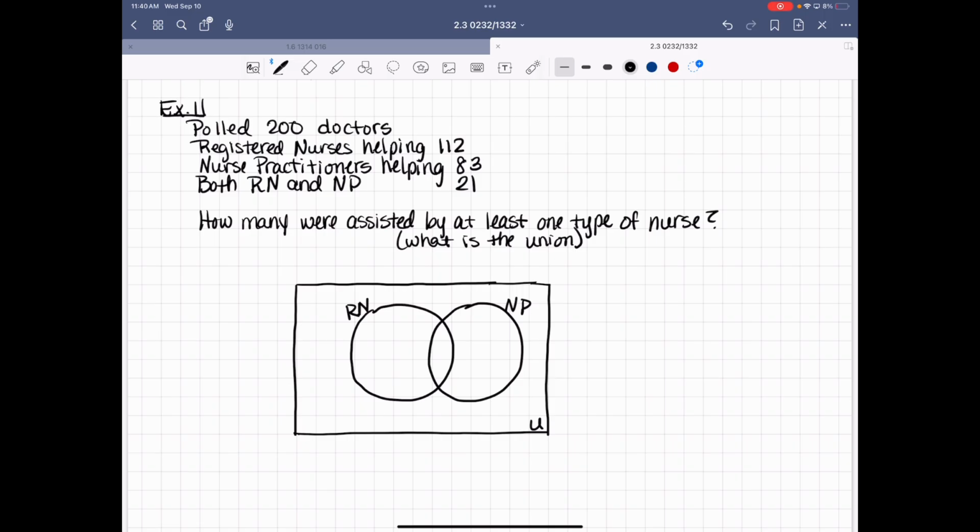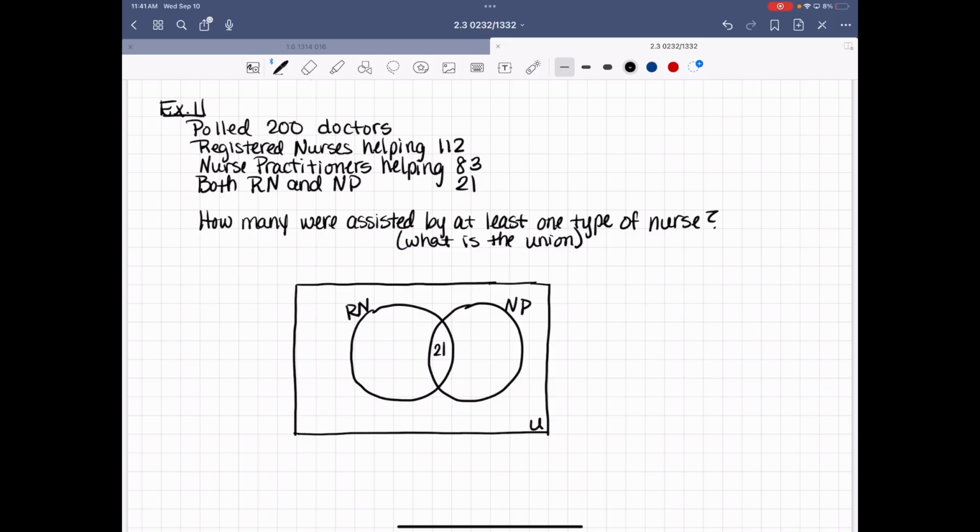Now, I told you that the easiest way to start this is to label that intersection first. So how many goes in the intersection? 21. Because there are 21 offices that had both RNs and nurse practitioners working in there. Okay? 21.